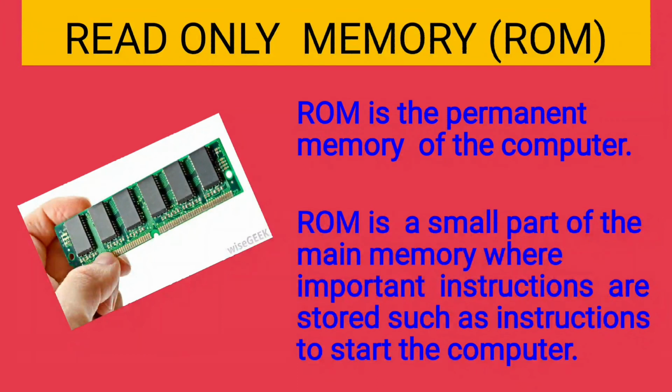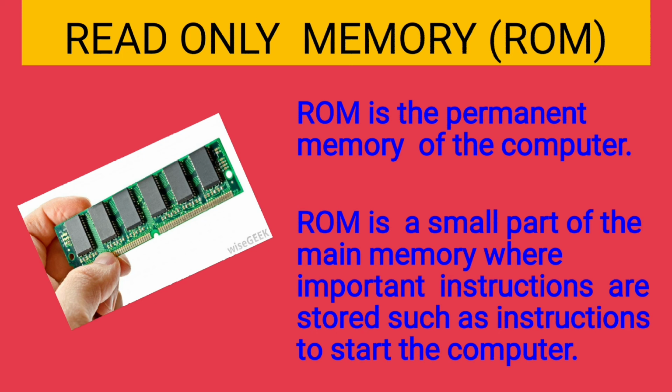On the screen, you can see the image of RAM. Now, we'll see the next one. Read-only memory. ROM is a small part of the main memory where important instructions are stored, such as instructions to start the computer. The computer can only read the instructions stored in the ROM. We cannot write, that is, save instructions onto the ROM.